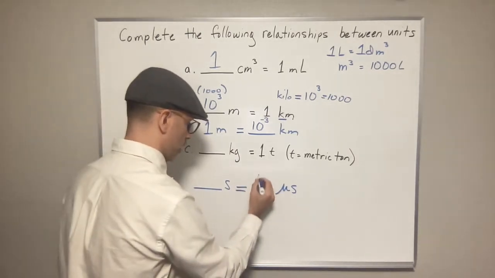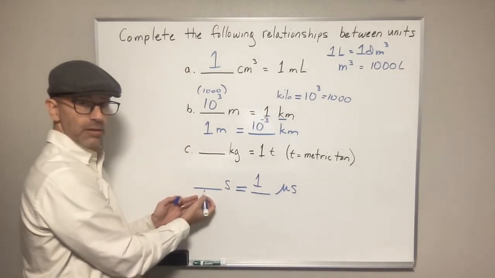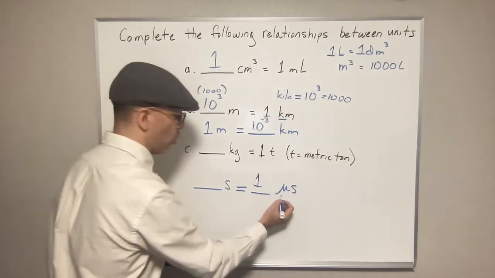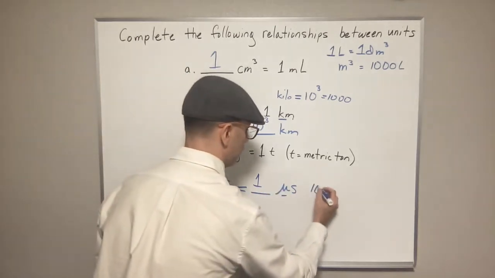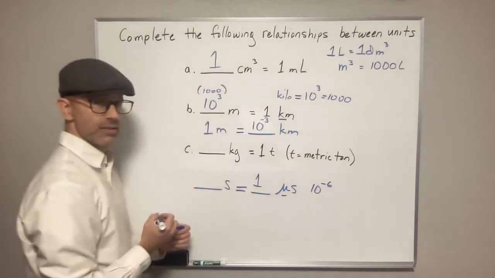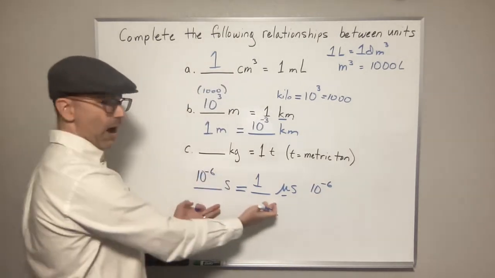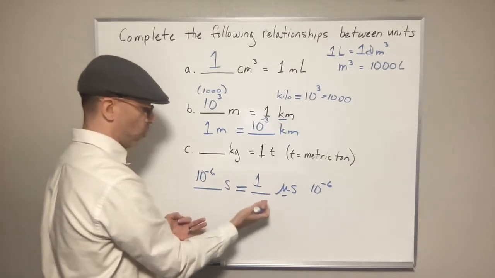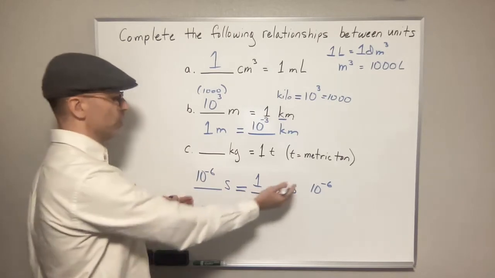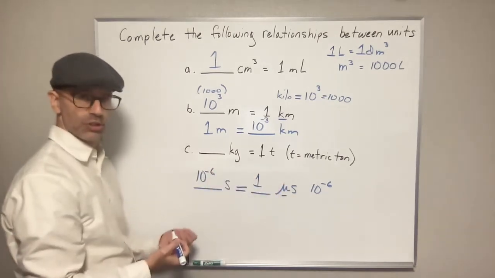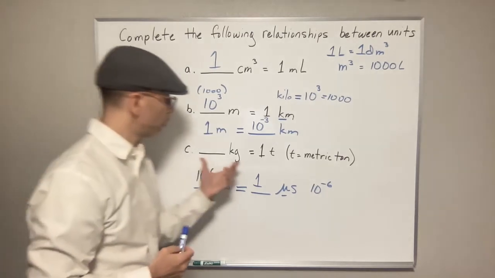So I'm going to put the 1 on this side, and then on this side, I put the prefix multiplier. So I need to know what micro is. And micro is 10 to the negative 6. So I'm going to put 10 to the negative 6 there. Now I have my relationship. I know that 1 microsecond is equal to 10 to the negative 6 seconds. So now I can use this as a conversion factor later. Okay, so I hope that's helpful.